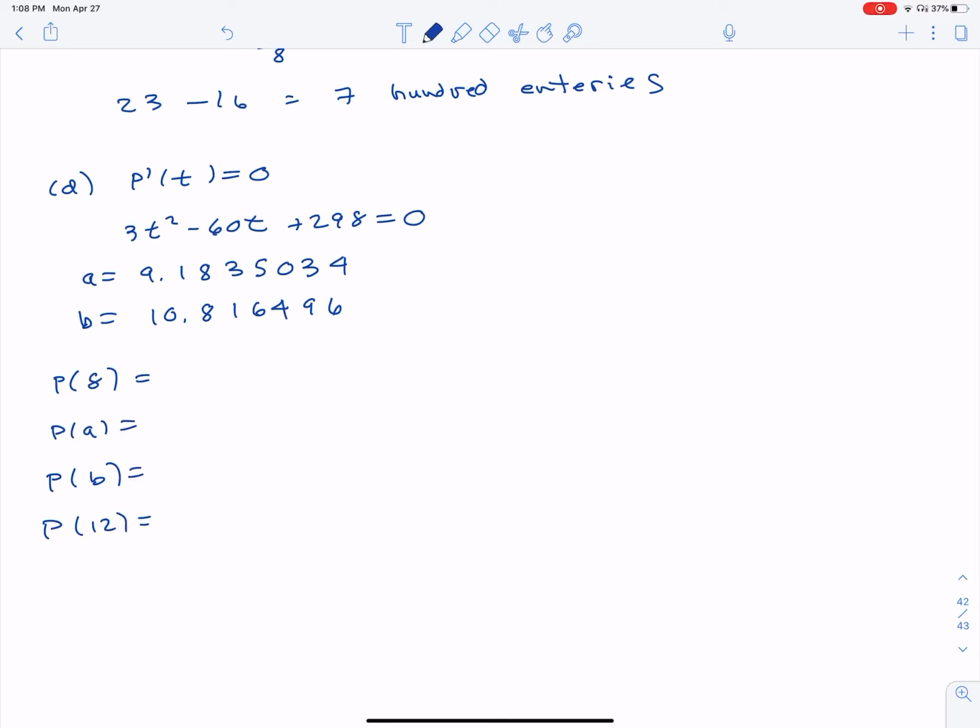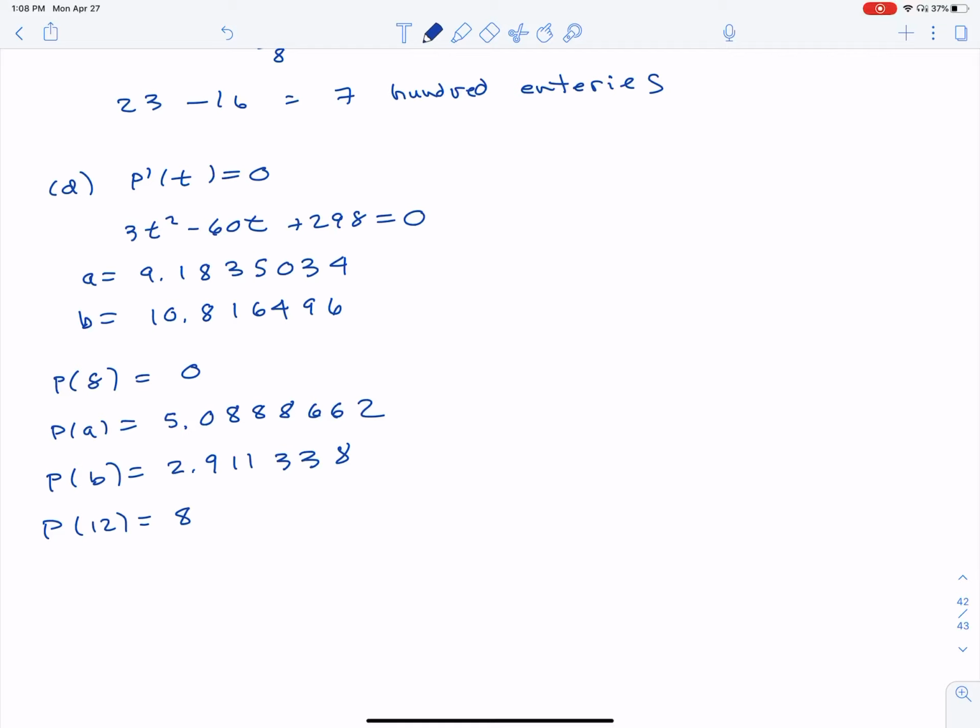Okay, so plugging these into my calculator, I get P of 8 is 0. P of A is 0.888662. I may be a little bit off, but it's not going to matter in this case. P of B is going to be 2.911338, and then P of 12 is 8.